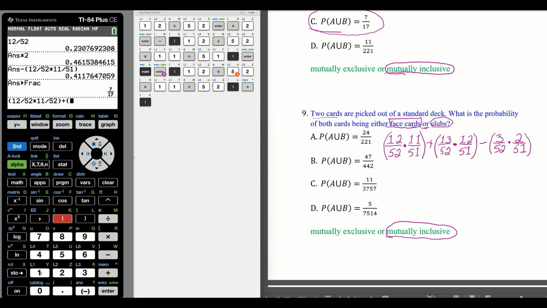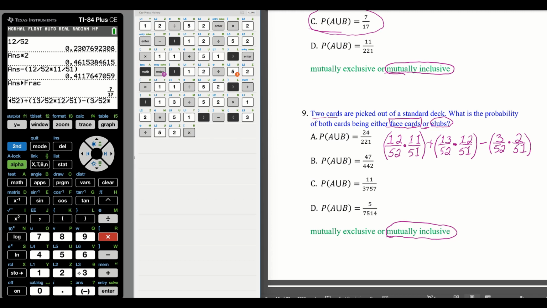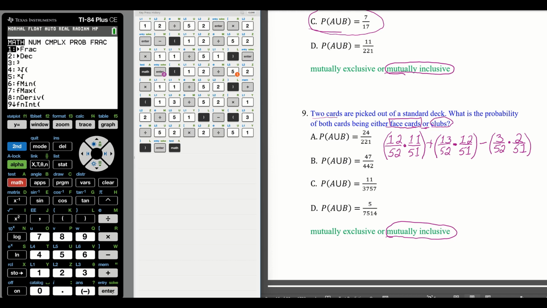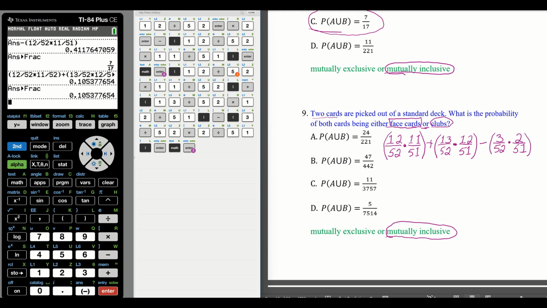Open up parentheses. 13 divided by 52, multiply 12 divided by 51, close our parentheses, minus 3 out of 52 times 2 divided by 51, close our parentheses. Now we enter. Okay, let's see what we have. We need a fraction, so math, enter.